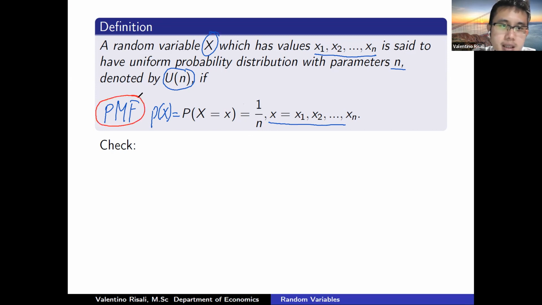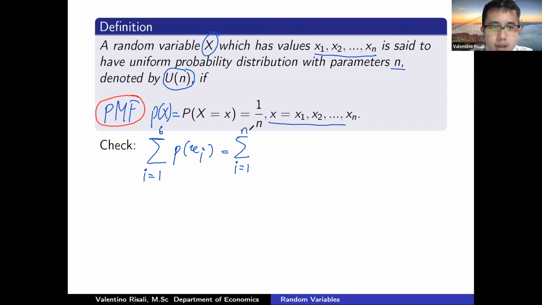Because it is a PMF, we can check that the sum of P(x_i) from i equals 1 to n is equal to the sum from 1 to n of 1 divided by n.